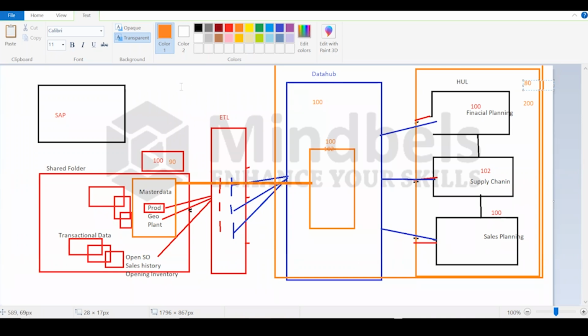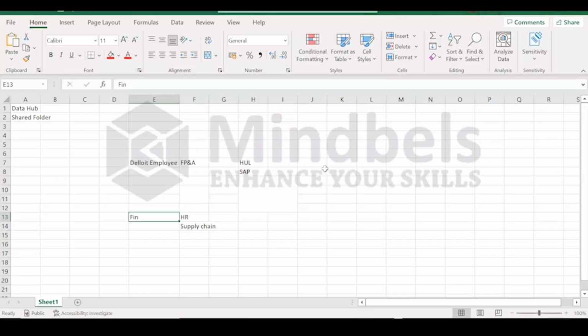It will be created in the same workspace, which means all your Spoke models and the data hub model are in one particular workspace, right? This is one option, and the other is that the data hub is maintained in a different workspace.